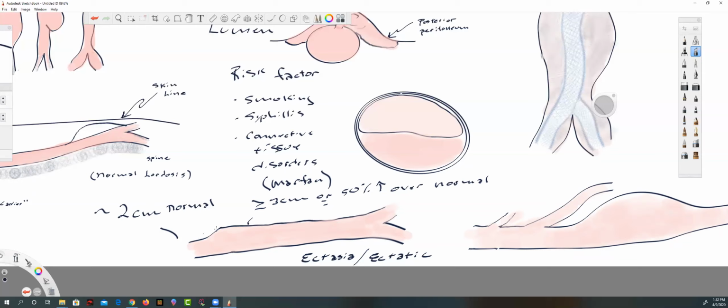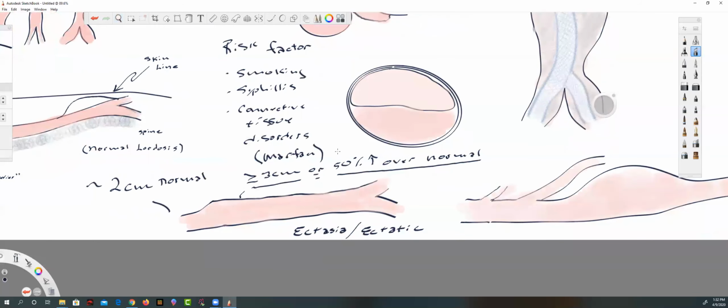If it's 2.5 here and 3.25 over here, that's 50% over normal. So that would be considered an aneurysm. So either of these definitions really depends on where you work, where we consider that normal or abnormal, or which definition you use, just 3 centimeters straight or 50% over the normal, to consider aneurysm.